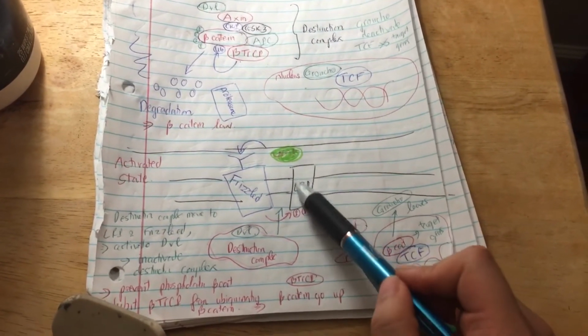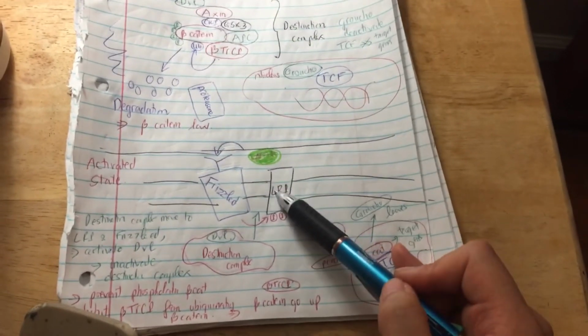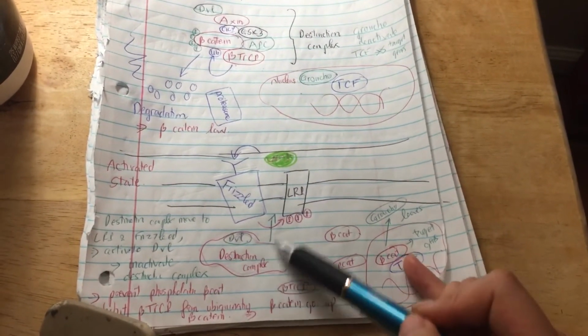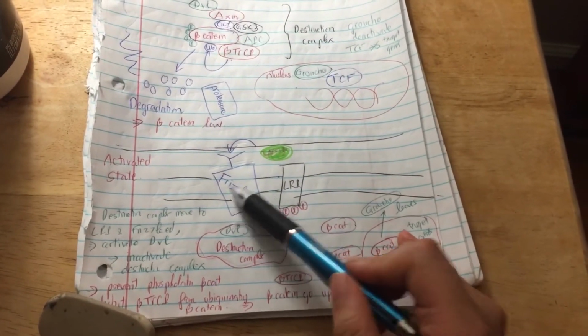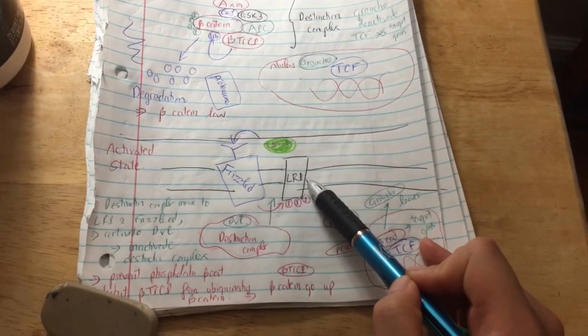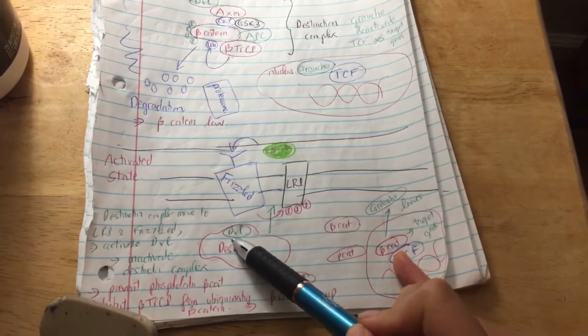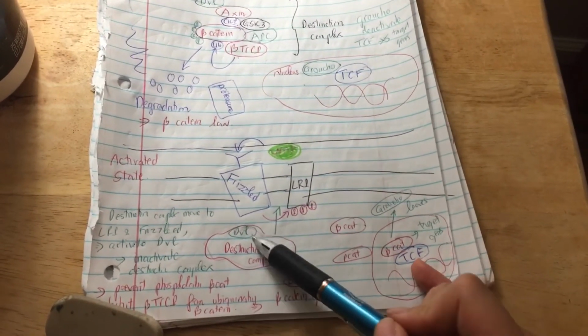This LRP receptor is activated and phosphorylated. In turn, this will induce the destruction complex to come close to the place between Frizzled and LRP. When it comes close here, our protein DVL will be activated.